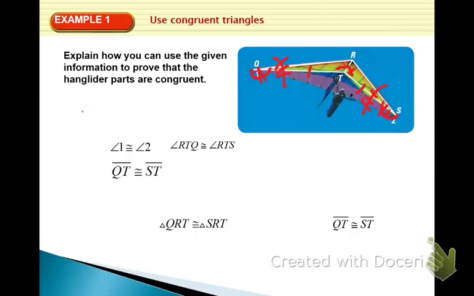Which congruent shortcut are we using? Looks like angle, side, angle to me. This angle, this side, and this angle is congruent to this angle, this side, and that angle. So they're congruent by angle, side, angle.